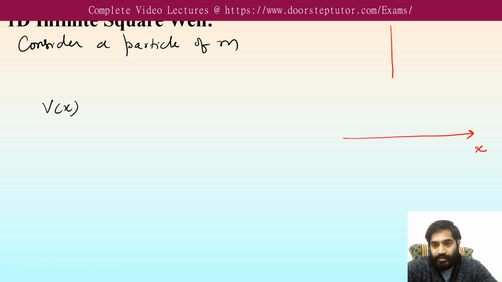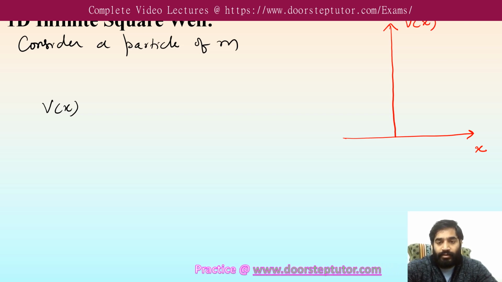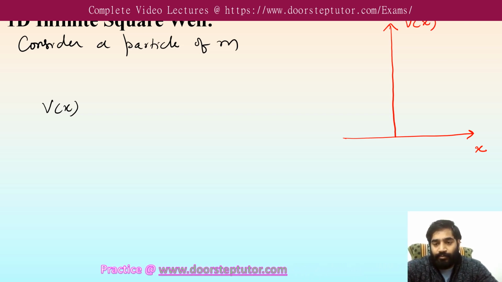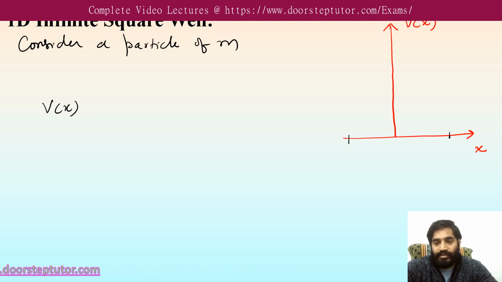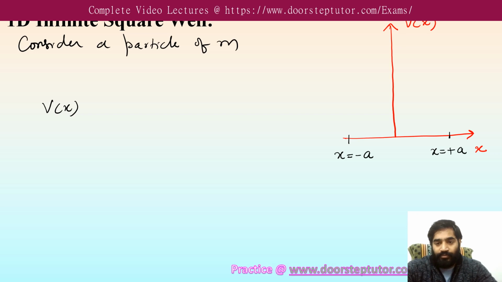Actually the y-axis is the axis along which the potential is measured, and that potential is a function of x, and it has certain boundaries. The particle of mass m is in between the square well, which has boundaries from x equals minus a to x equals plus a.